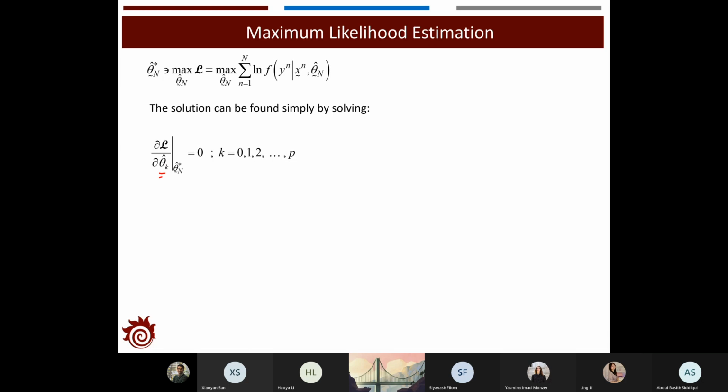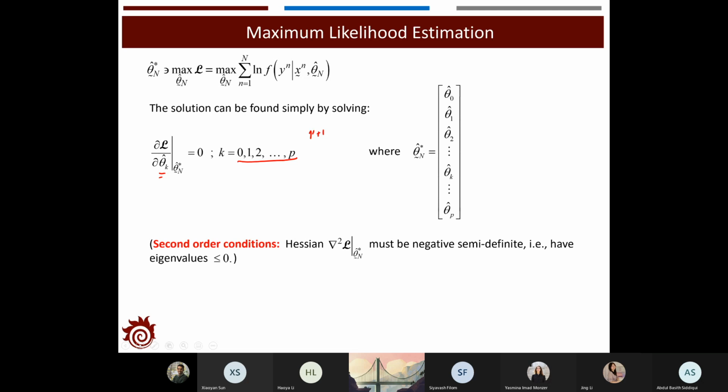Theta k varies from 0 to p. So we have p plus 1 equations and p plus 1 unknown variables for theta. By solving those equations, we will be able to find the optimal value of theta.